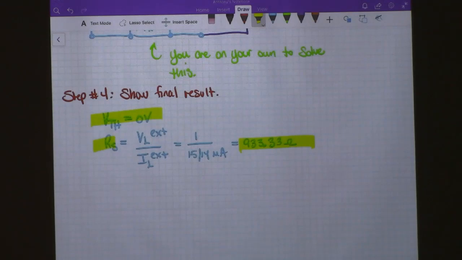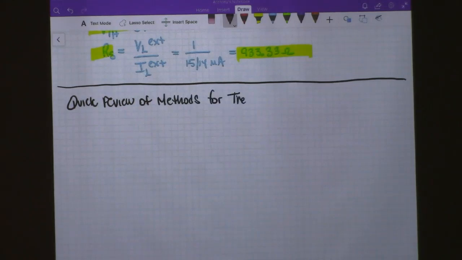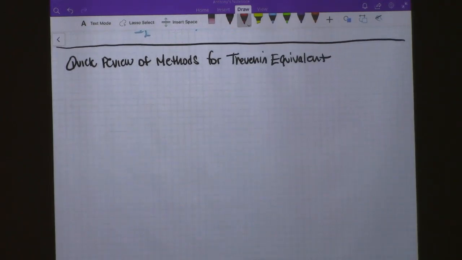So, quick review of how we do each one of these problems.